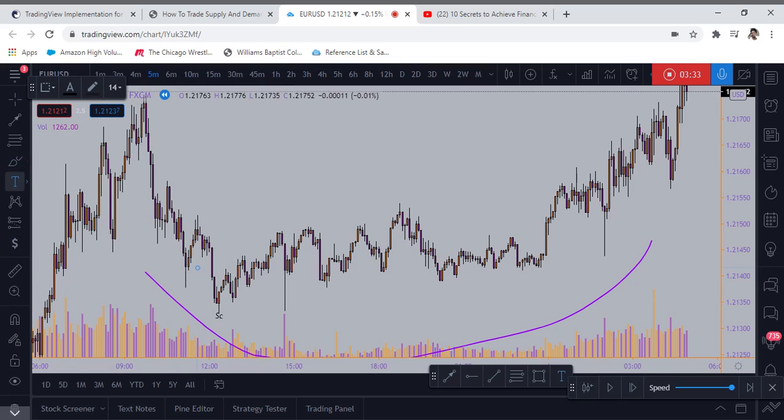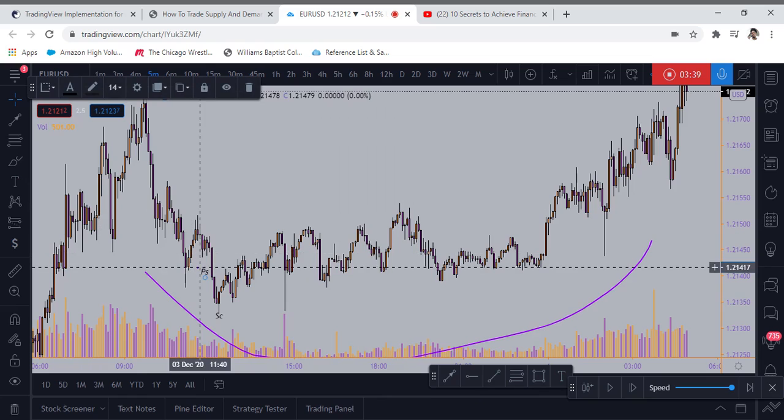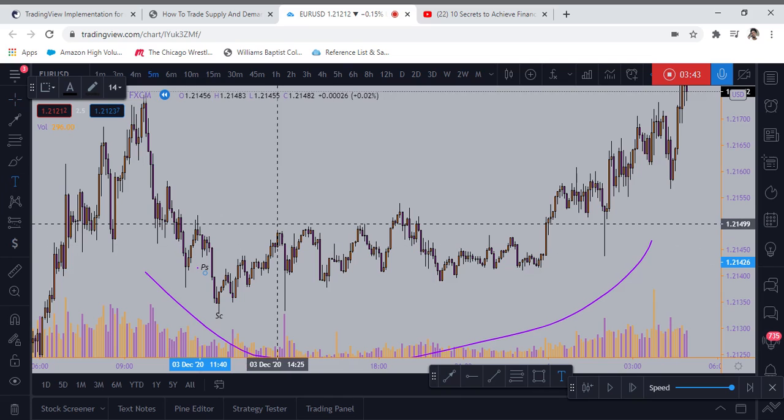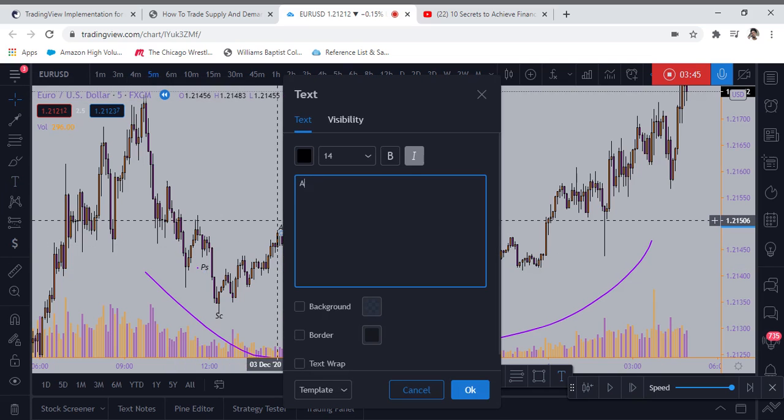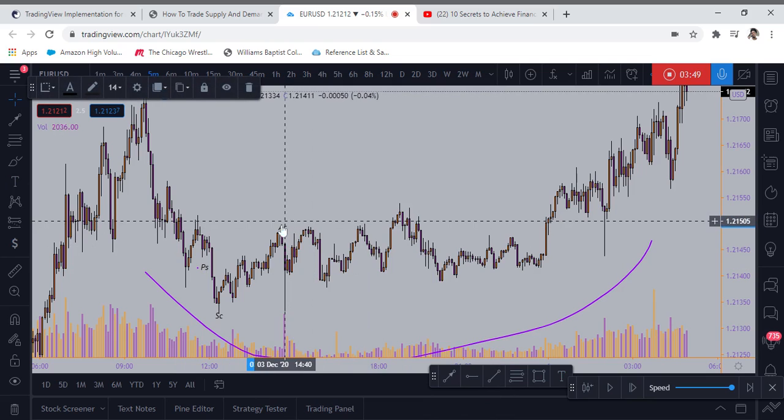Oh shoot, wrong one. Yes. For my AR right here.